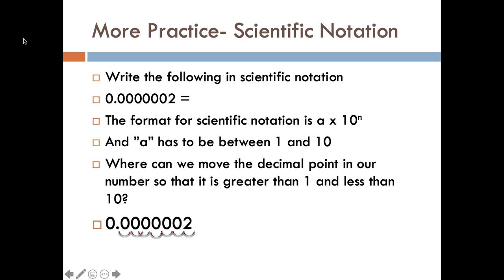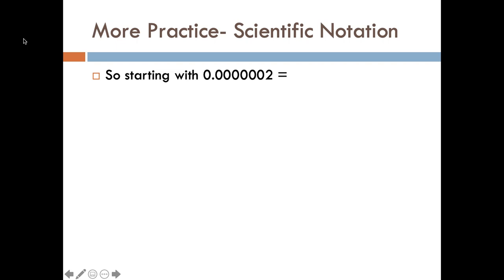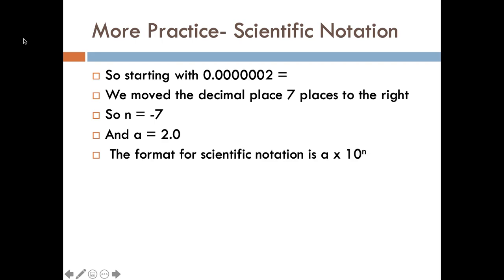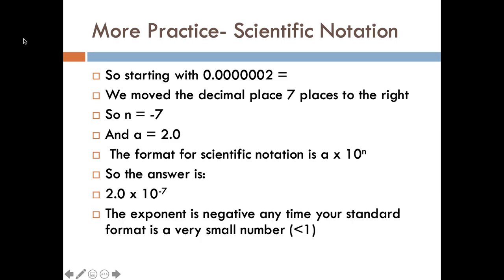After the 2. So starting with 0.0000002, we move the decimal place 7 places to the right. So n is negative 7 and a is 2.0. And the format for scientific notation is a times 10 to the nth. So the answer is 2.0 times 10 to the negative 7th.